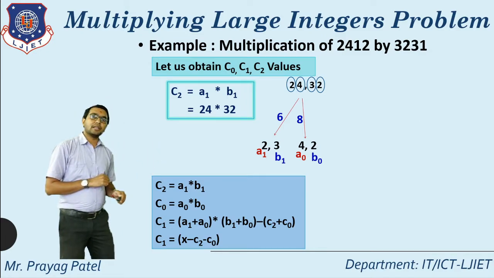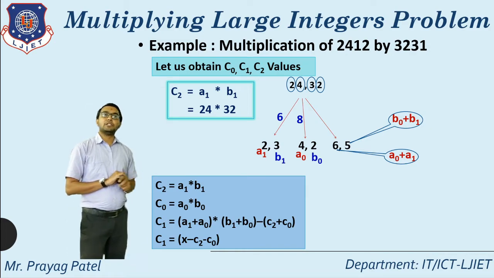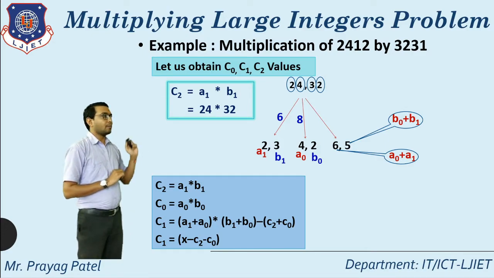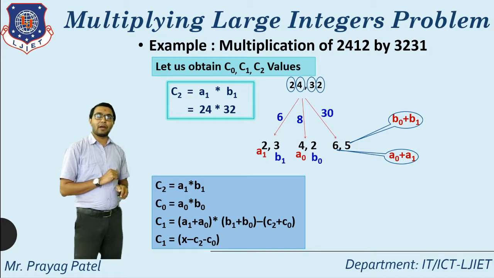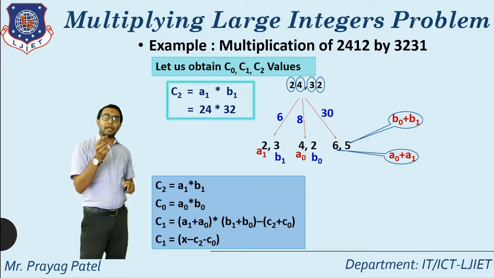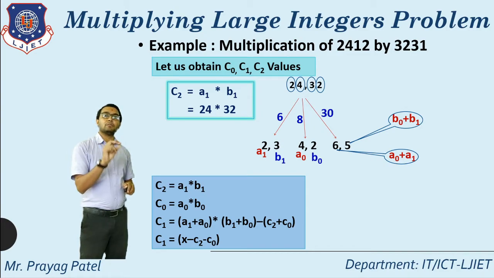Now the third component is A1 plus A0 and B1 plus B0. So here A1 plus A0 equals 6 and B1 plus B0 equals 5. Now multiply these two numbers, 6 multiplied with 5, then we get 30. So we have the values of A1 into B1, A0 into B0 and A1 plus A0 into B1 plus B0.